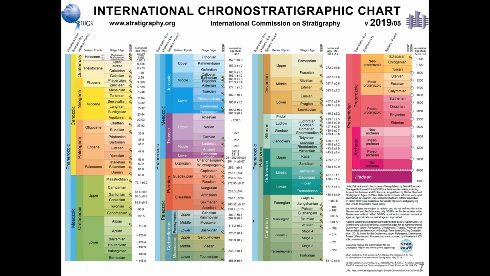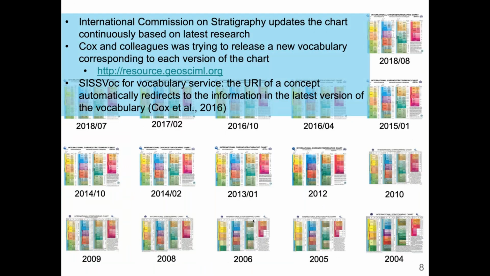A very interesting pattern is that this chart is organized by the International Commission for Stratigraphy, and every year this commission releases sometimes one new version of this chart, and sometimes they even release 2 or 3 new versions in a single year. So you can see it's evolving.